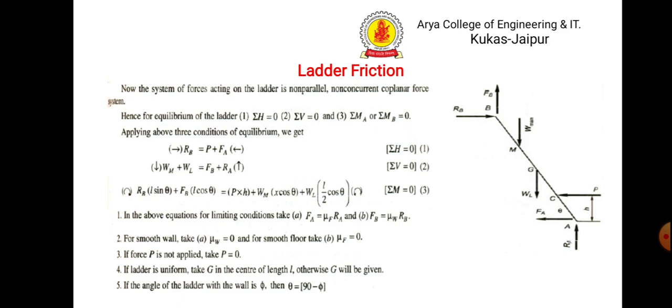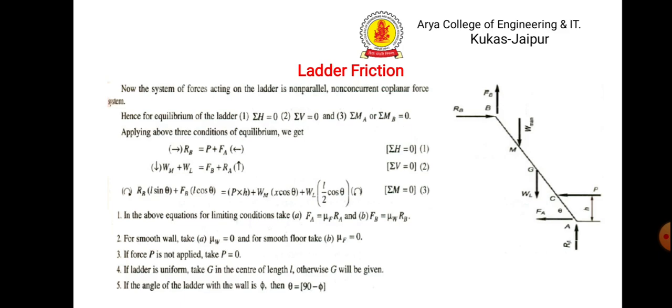There are only two horizontal forces on the right, RB, and on the left hand side P and Fa. So RB equals P plus Fa.